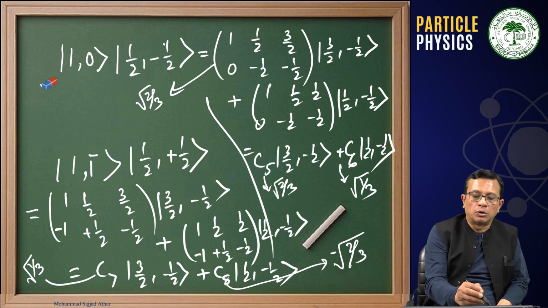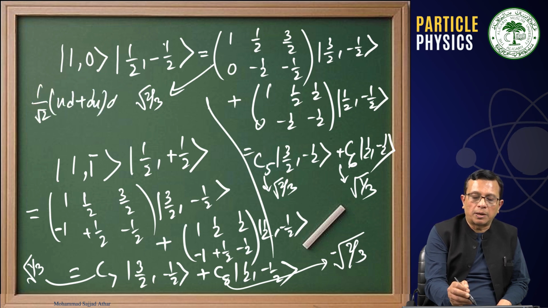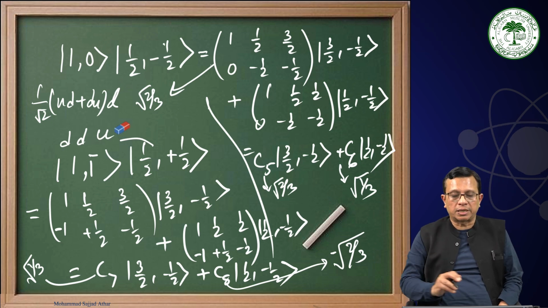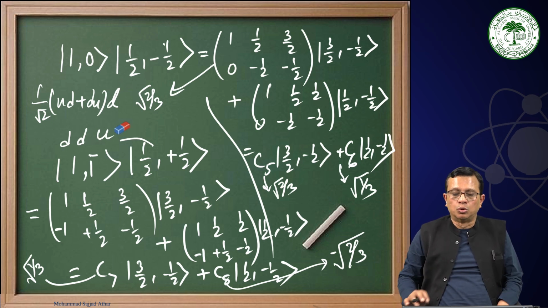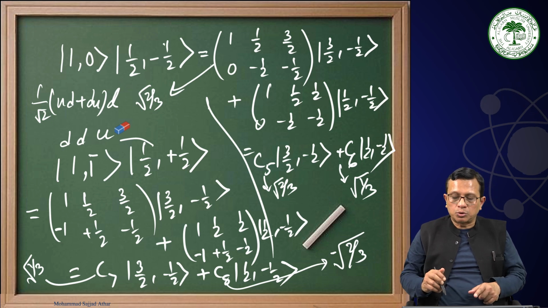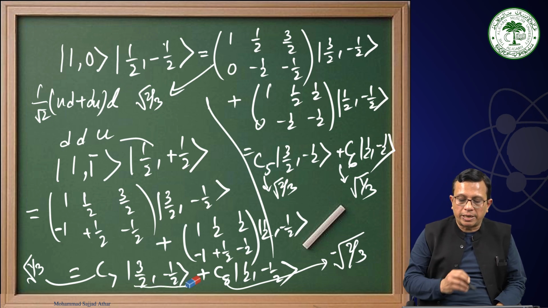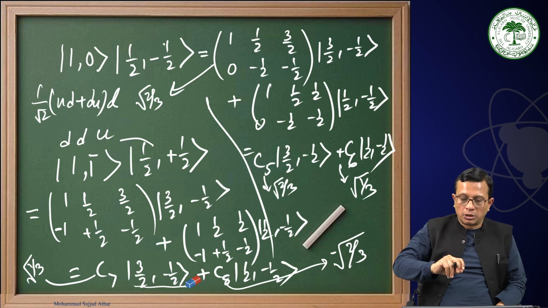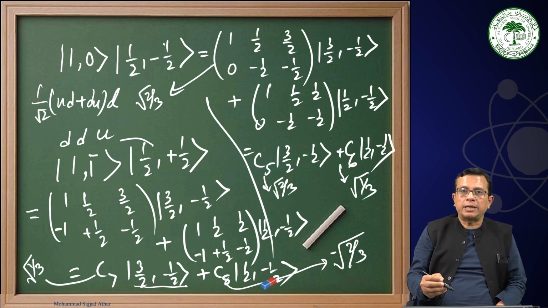This is 1, 0, that means 1 by root 2 ud plus du, and then you are combining a d quark. And 1 minus 1 is two d objects, and then you are combining a half plus half object. Therefore, again you are getting two equations and two unknowns. What are those two unknowns? This 3 by 2 minus half represents a delta 0, and half minus half represents a neutron.